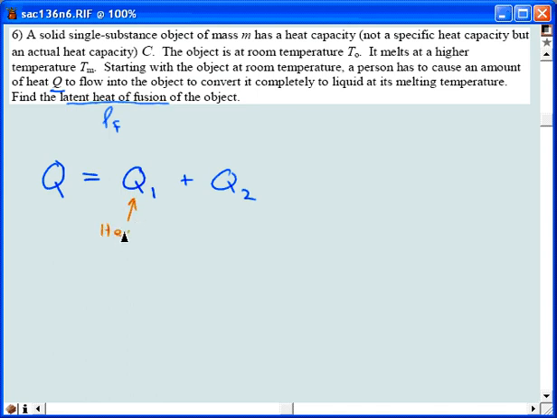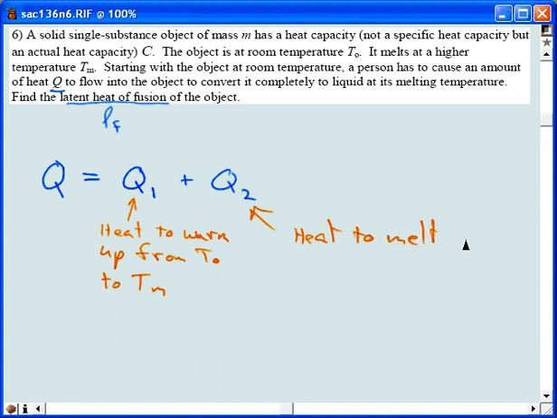So I'll call that Q2. Q1 is the heat to warm up the object from T0 to Tm, and Q2 is the heat to melt the object.